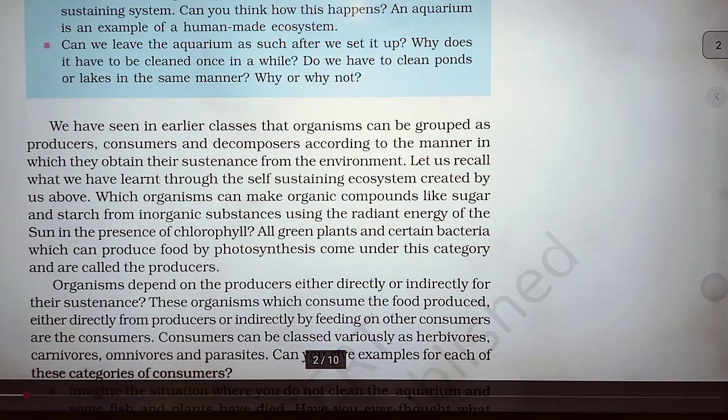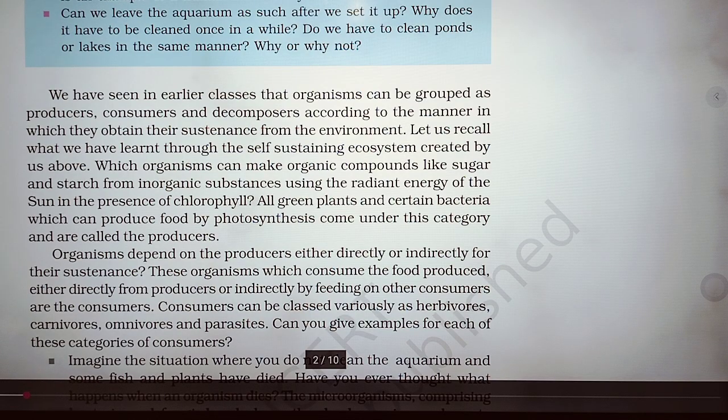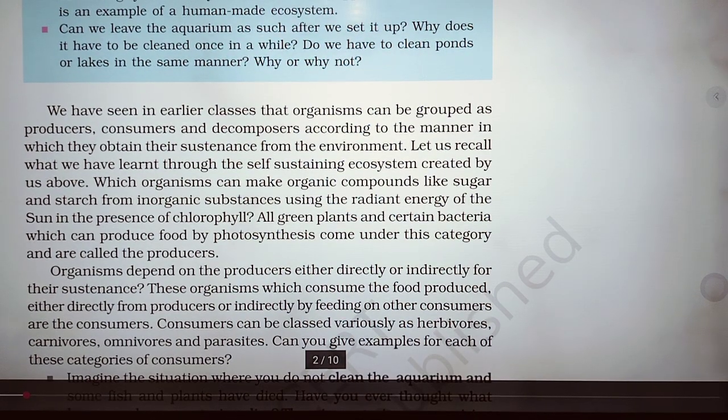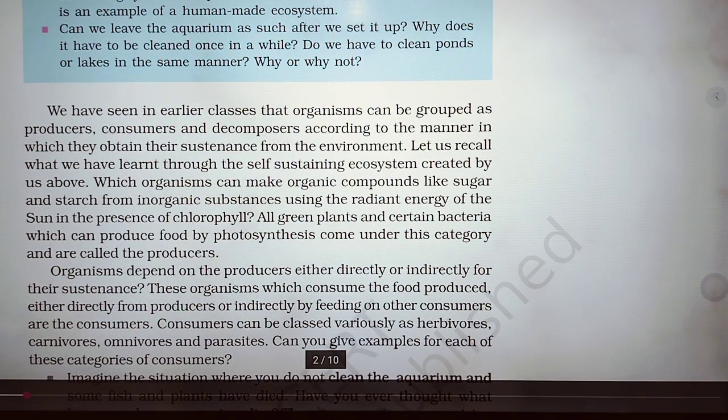Okay, let us recall what we have learned through the self sustaining ecosystem created by us above.